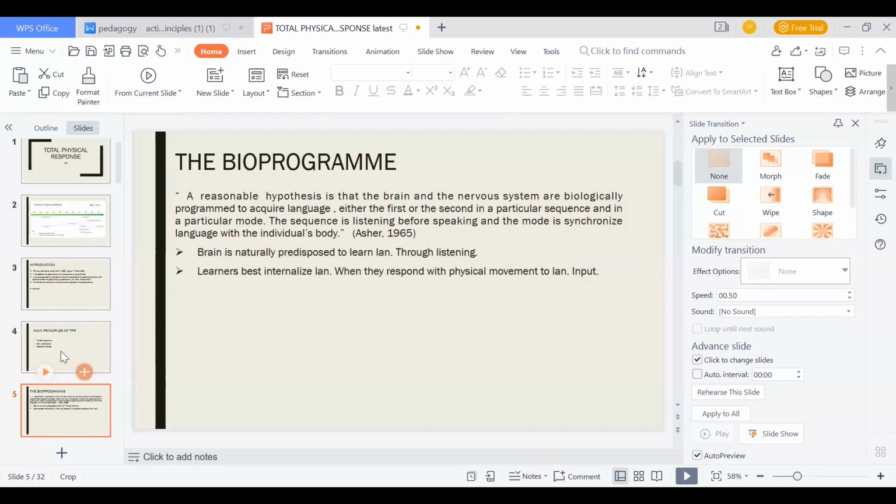Yeah. So the bioprogram, thank you very much. The bioprogram means, right? We are programmed. Humans are programmed, right? That's a blueprint. We are programmed to learn languages, acquire languages. It's programmed in us. There are many things like that.